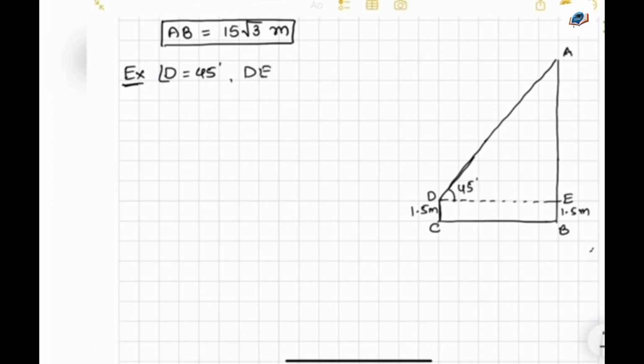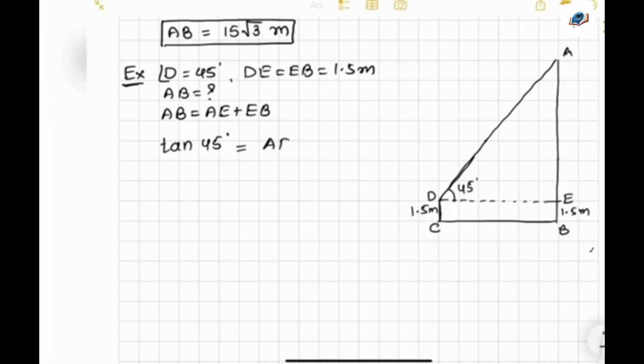To find AB, the first thing I am clear about is AB equal to AE plus EB. Now if I take the relation of tan 45, that will be AE upon DE. Tan 45 is nothing but 1. AE I don't know, DE also I don't know. But here I came to one relation, AE equal to DE.